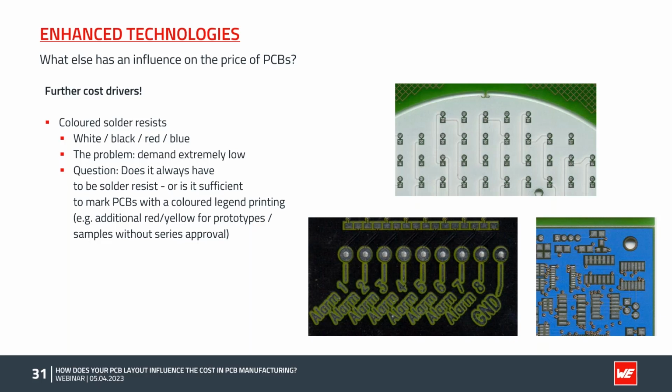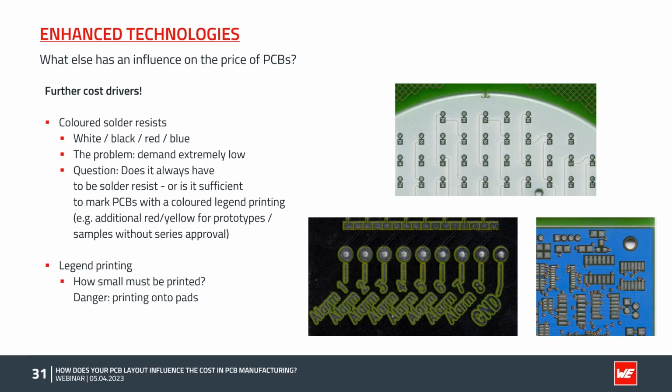But couldn't it be an option to use, for example, legend printing for this, so that you print in specific areas, on almost the whole PCB, a legend print in the color you would need: white, red, black, and underneath you still have the green solder resist so that the soldering still can be done, but you have in the legend printing process the color you need. This would be a real good option to combine the functionalities here. So just think about it, if this would be a possibility for you. Instead of using a red solder resist, maybe use a red legend print on top of a green solder resist.